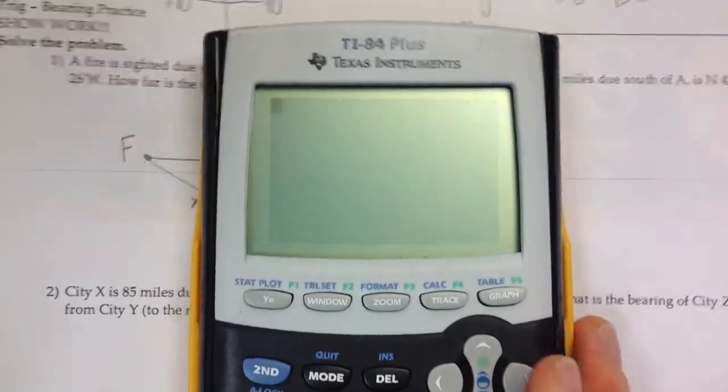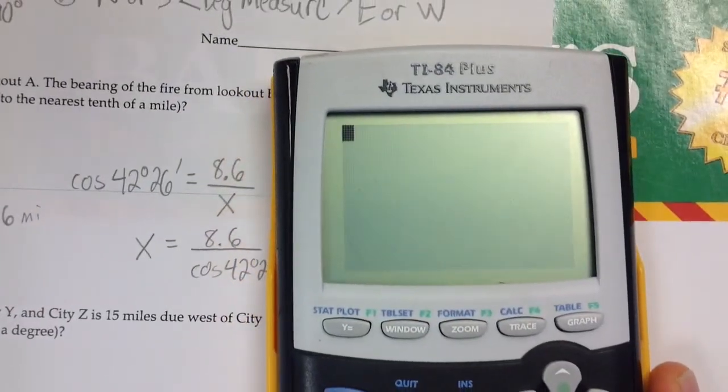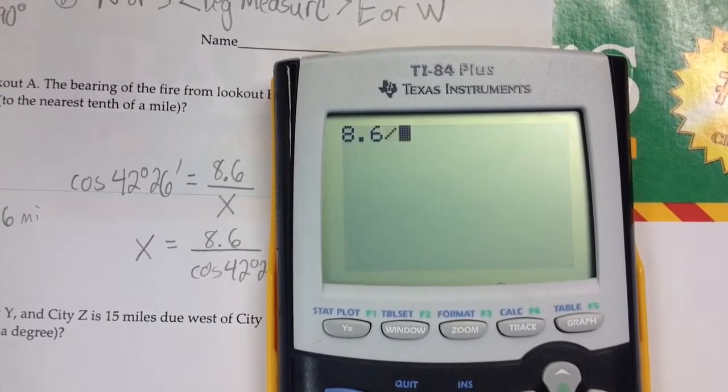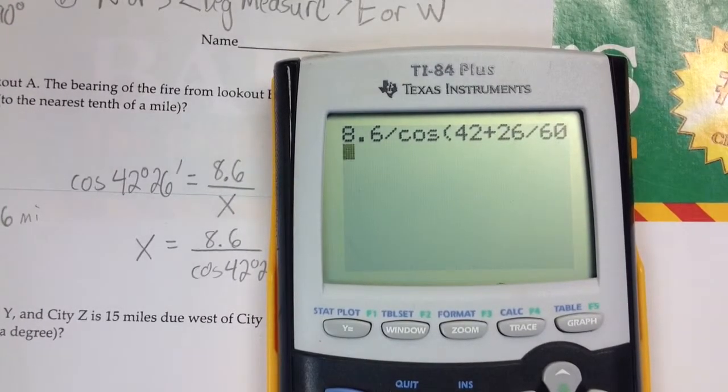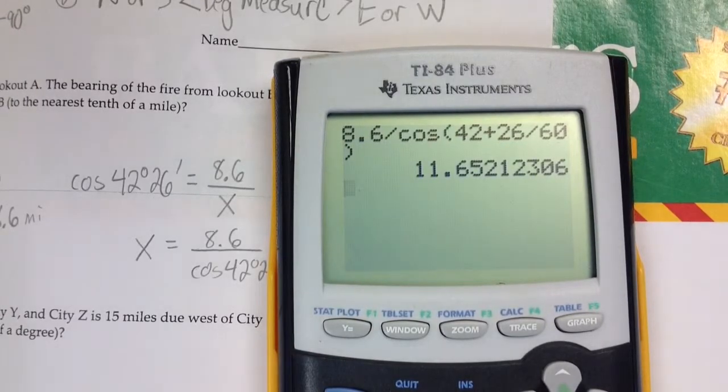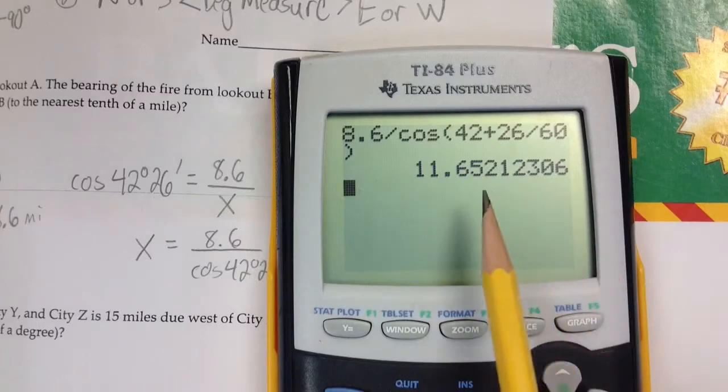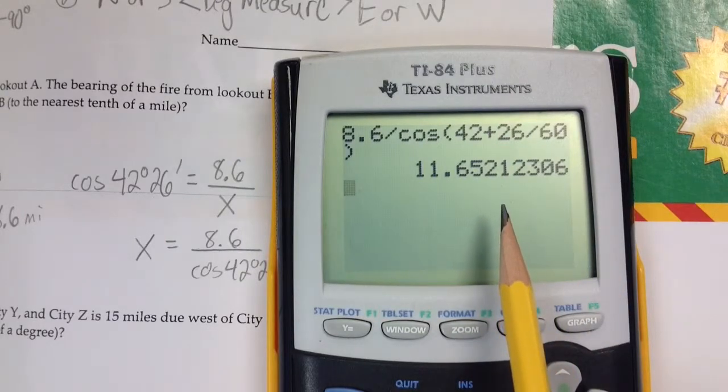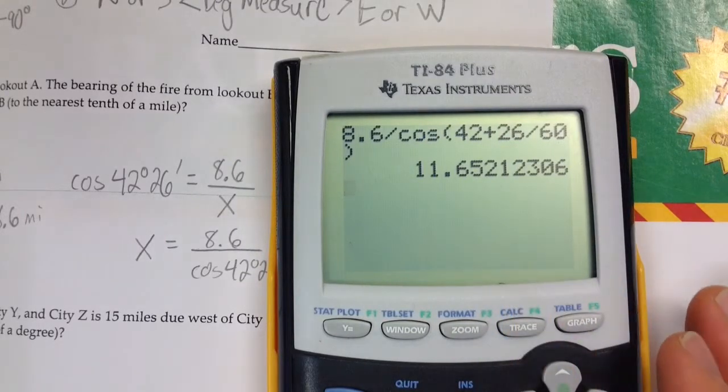I am. 8.6 divided by cos 42 plus 26/60. I don't use the minute sign because I can type this in faster. But feel free to use the degrees and the minutes sign that's in the angle menu, second apps. So it looks like the fire is about 11.7 miles from lookout B.